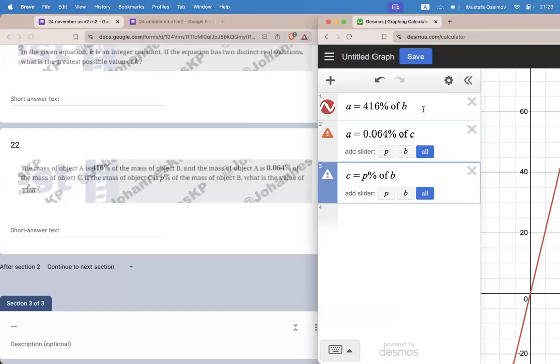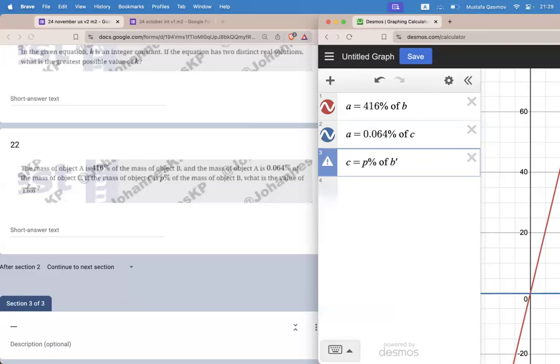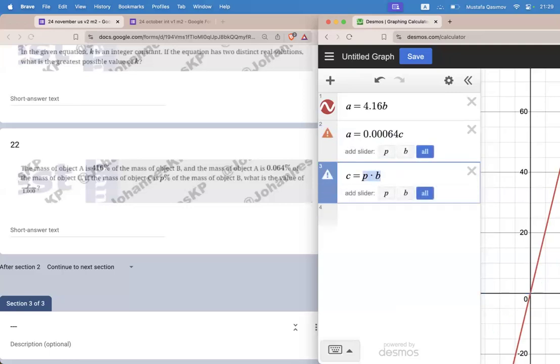You can get the answer from there, or you can also create an equation from here. We know that that one means it is 4.16. This one means 20 when we delete percent. And that one means it is P multiplied by B over 100.